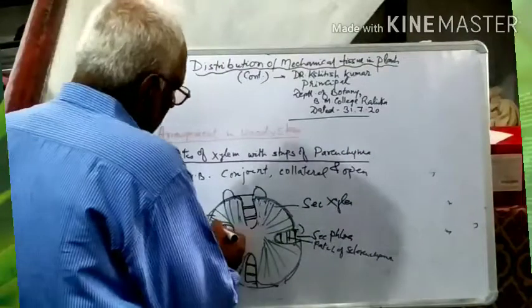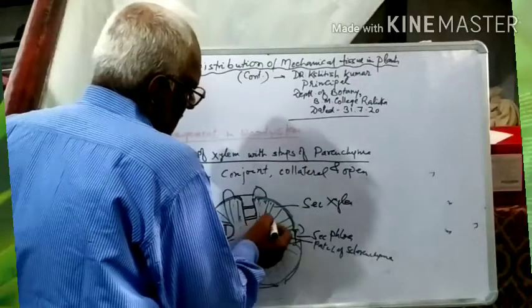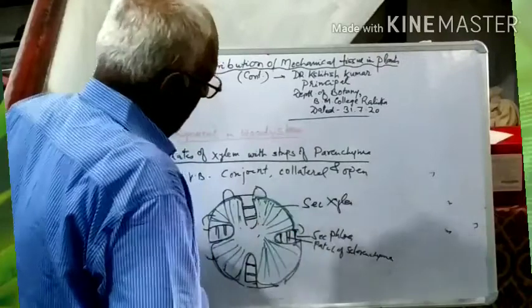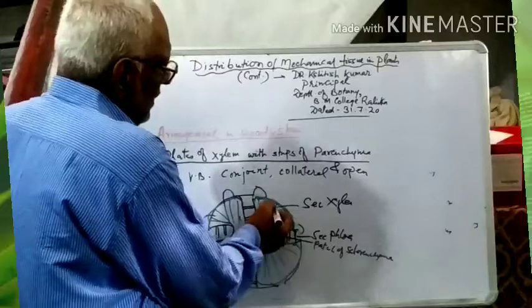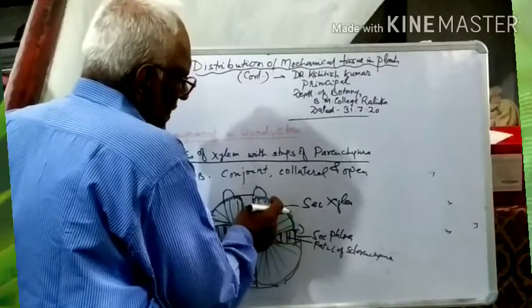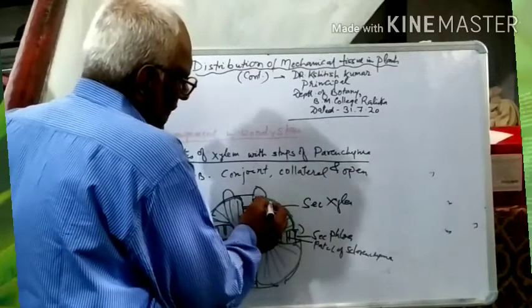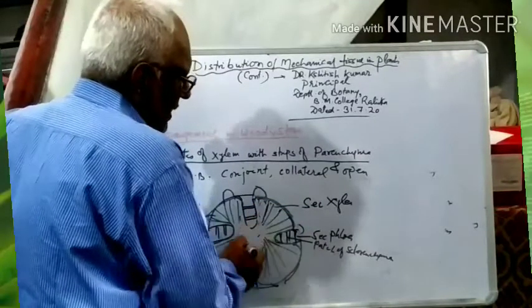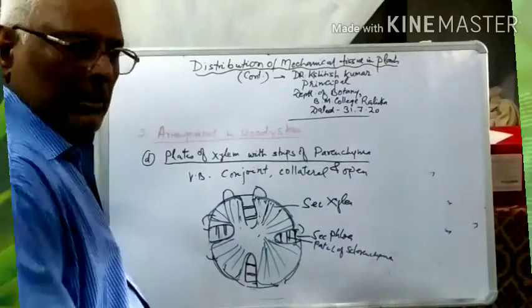In between them there is the secondary xylem which gives mechanical support to the plant, and in between this secondary xylem there are rows of parenchyma that act as shock absorbers.